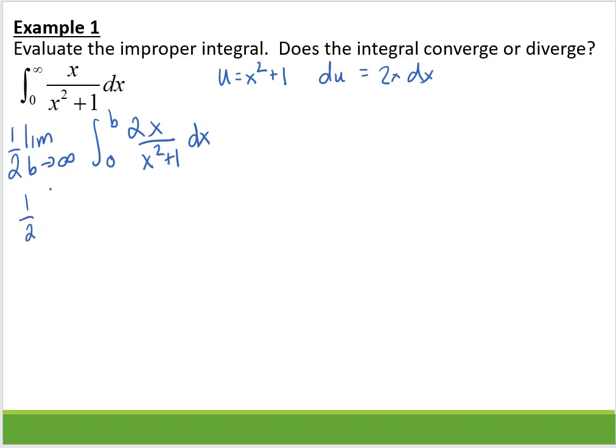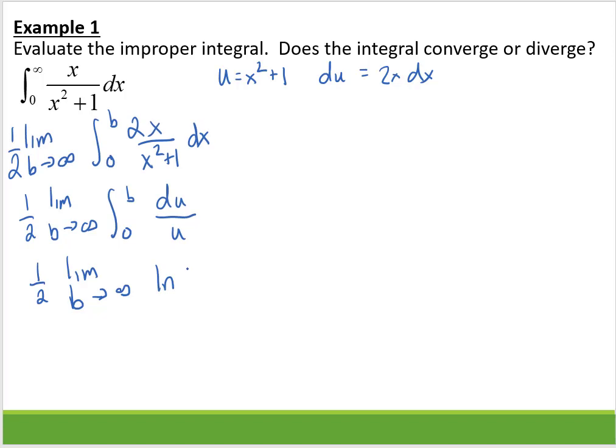So now I have 1/2, the limit as b goes to infinity, of the integral from 0 to b of 2x, which is our du, over u. So now we have our antiderivative, remembering to keep writing my limits. My antiderivative of that is ln of u. I am not going to put the absolute value signs in because my u is always positive. Evaluated from 0 to b.